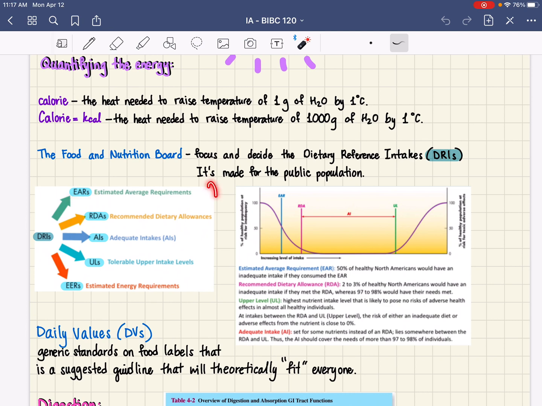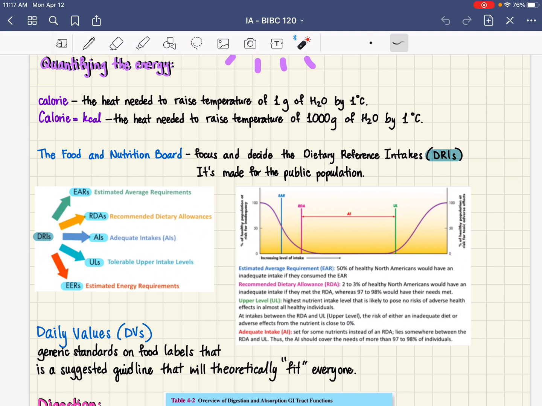So you can think of these as general guidelines for the public to follow to be able to live a healthy life through their dietary intake.